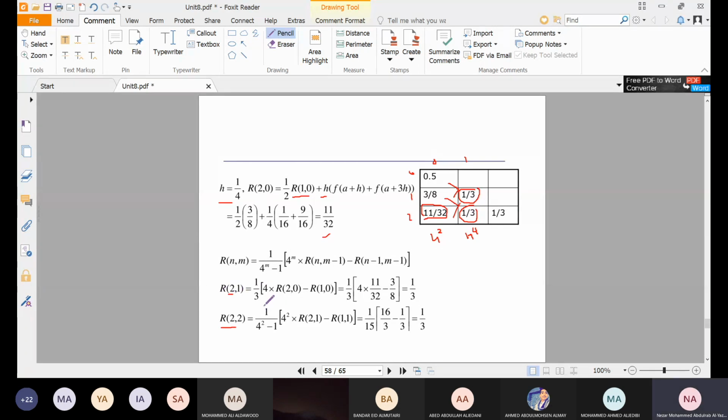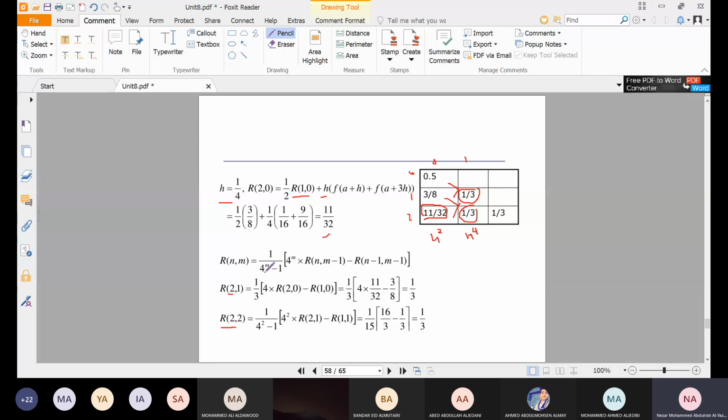So we just substitute in the Romberg algorithm, with n equal to 2 and m equal to 1. We find the value here is 1/3. After that, we use the previous estimation. If you substitute again in the algorithm, you have n equal to 2 and m equal to 2.